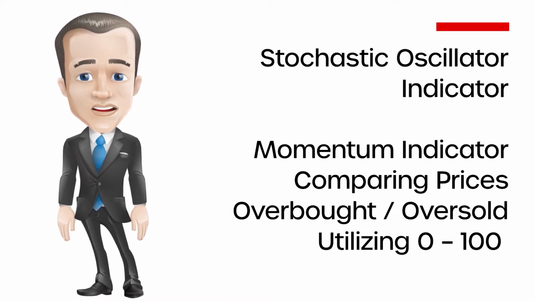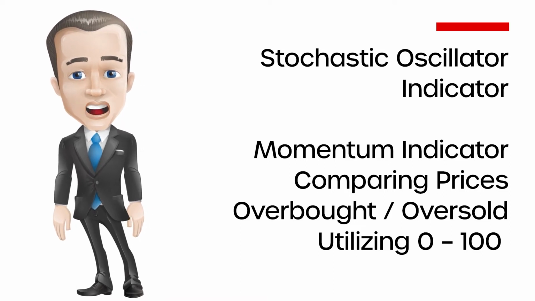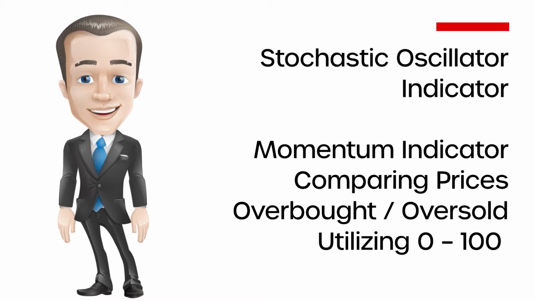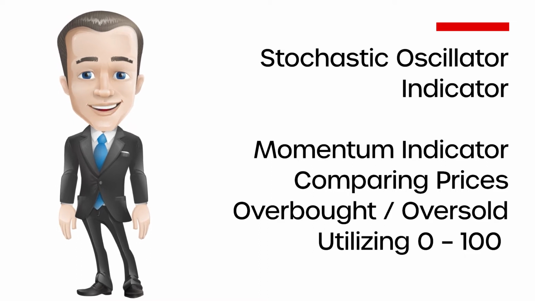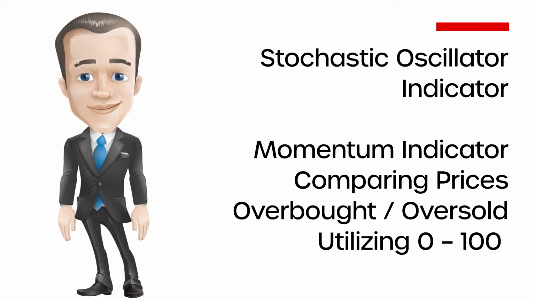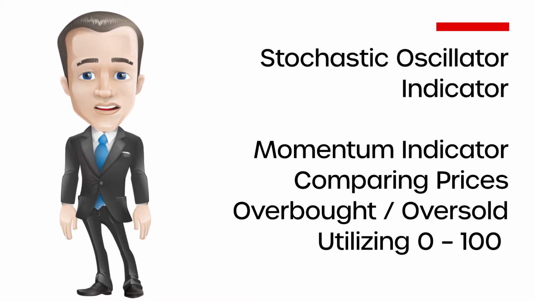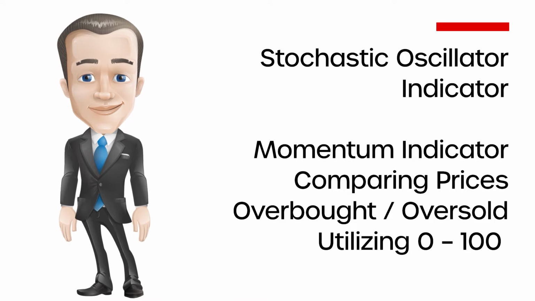A stochastic oscillator is a momentum indicator comparing a particular closing price of a security to a range of its prices over a certain period of time. The sensitivity of the oscillator to market movements is reducible by adjusting that time period or by taking a moving average of the result.